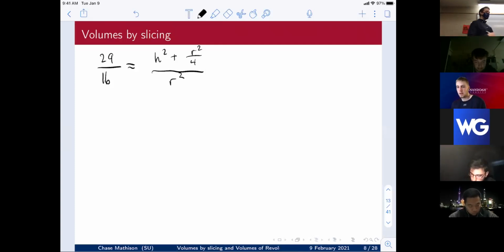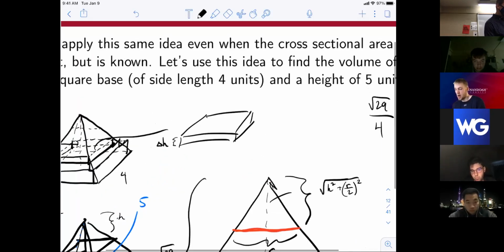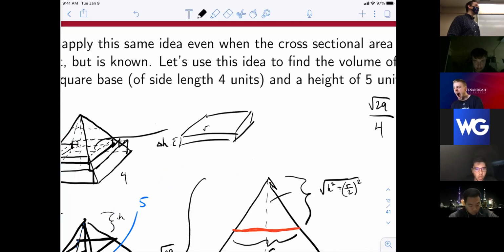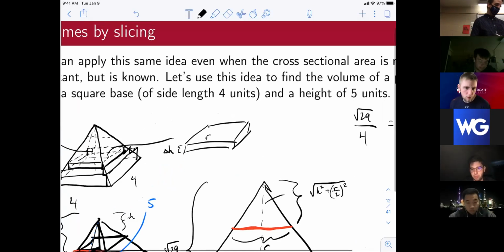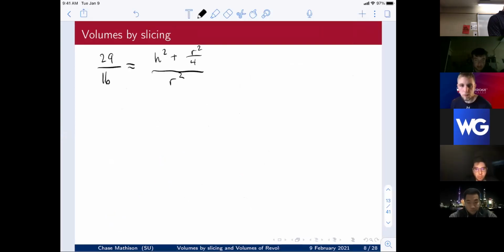So then the rest of this is solving for r, and really what I'm interested in is solving for r squared, right? Because the red line is the length of that. So if I want the volume of that sliver, that's r squared delta h, right? So if I can solve for r squared, then we're good. All right, so let's multiply both sides by r squared.